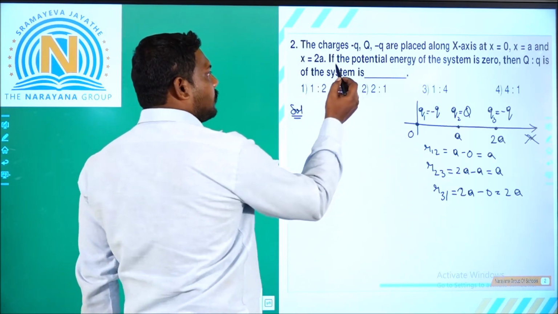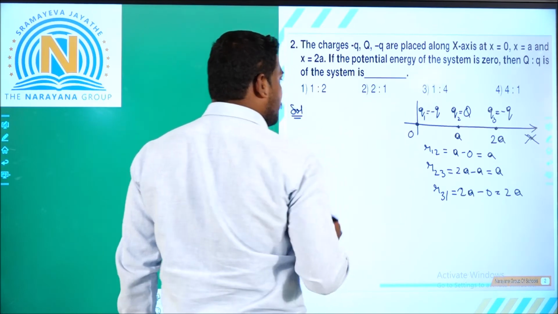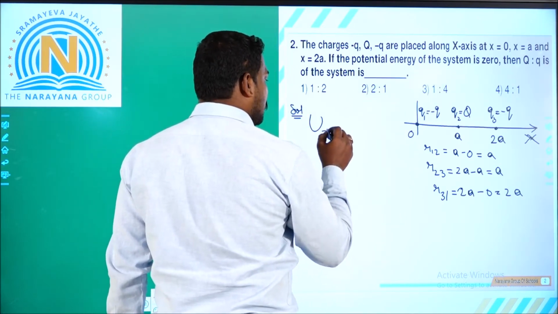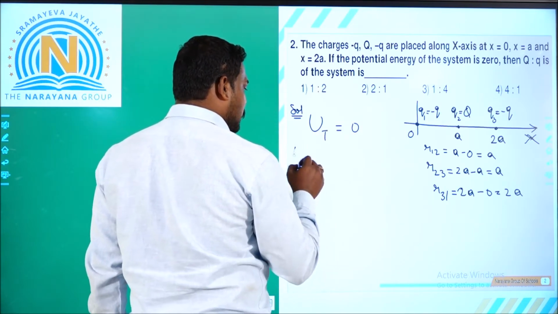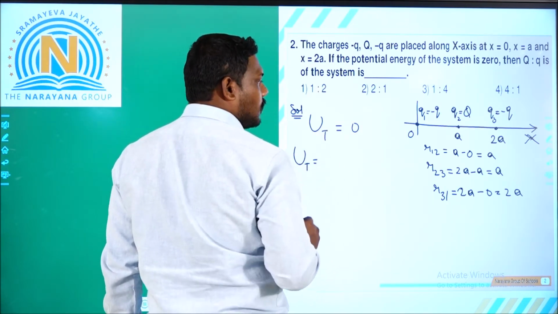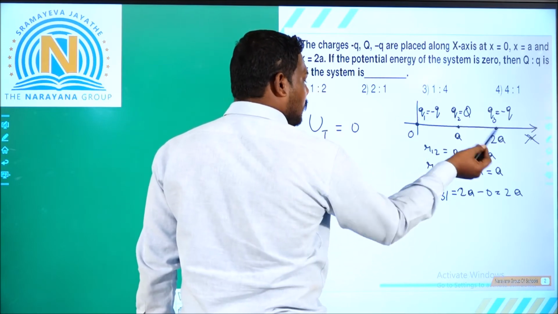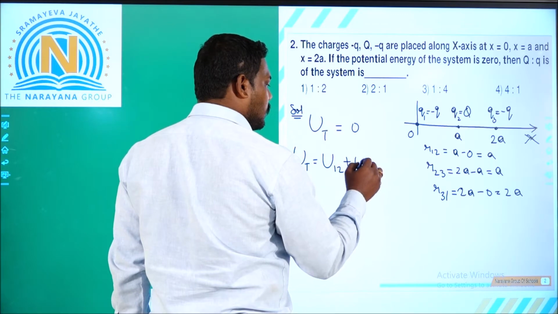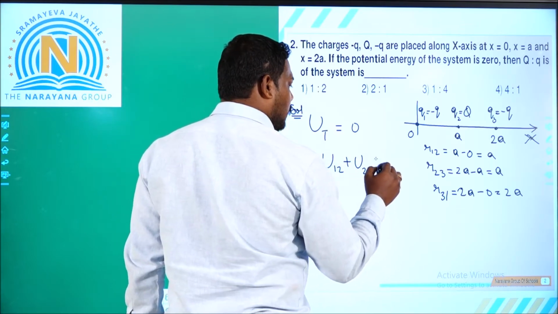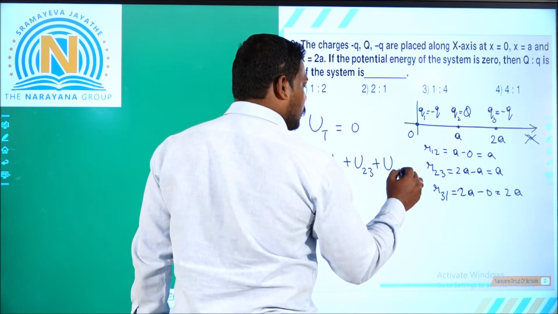Now, in the question they have said that the potential energy of the system is 0. That is, the total potential energy is equal to 0. But the total potential energy is the interaction between the charges, that is U12, U23 and U31.